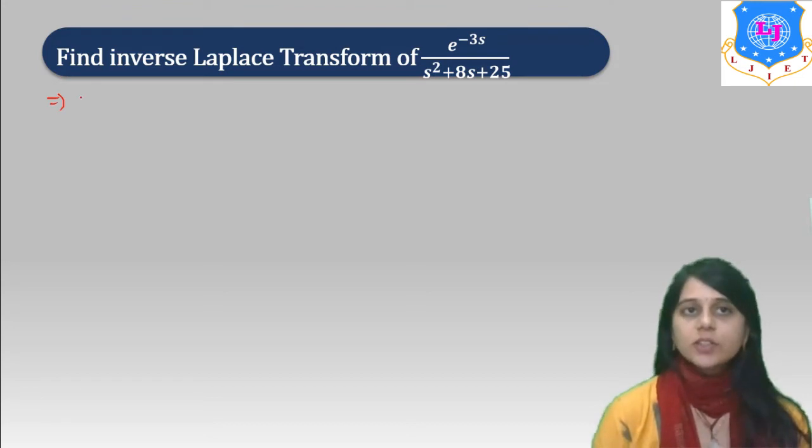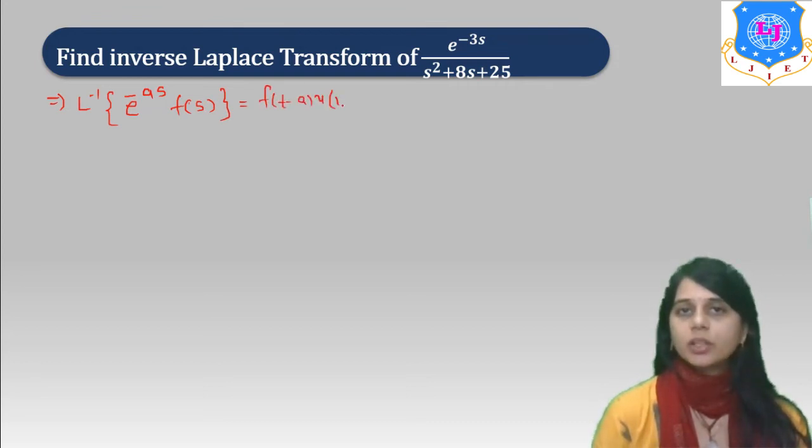What is the inverse second shift theorem? It is e raised to minus as f of s, and the answer is f of t minus a, u of t minus a. Laplace inverse of e raised to minus 3s upon s square plus 8s plus 25.